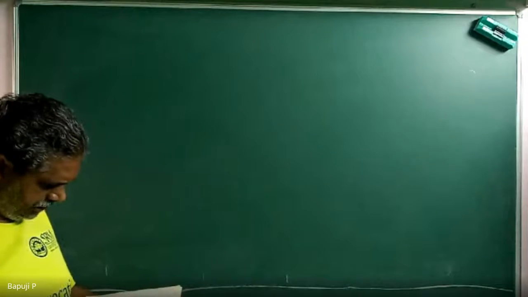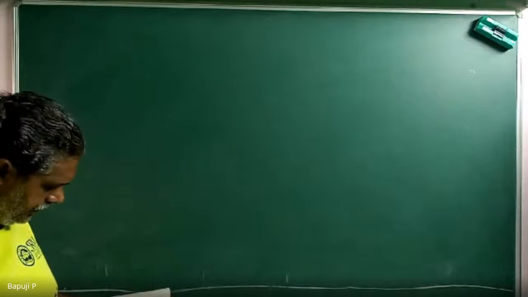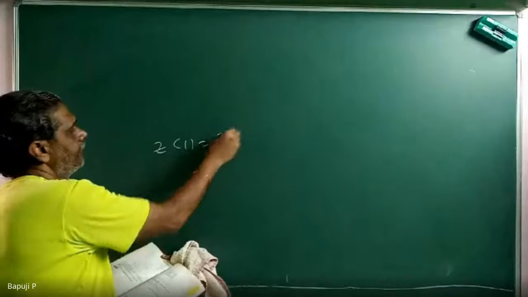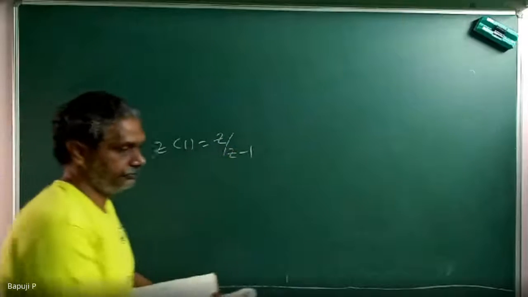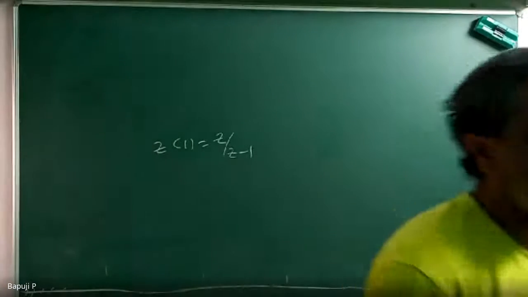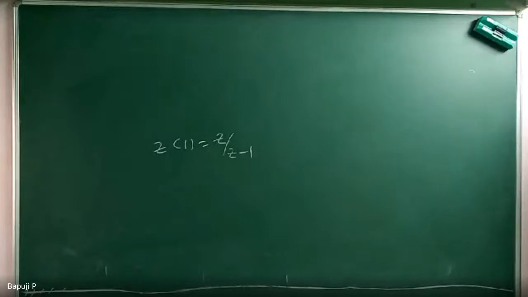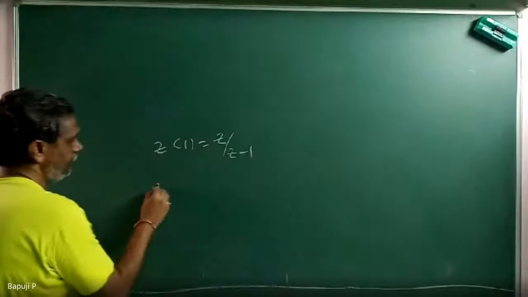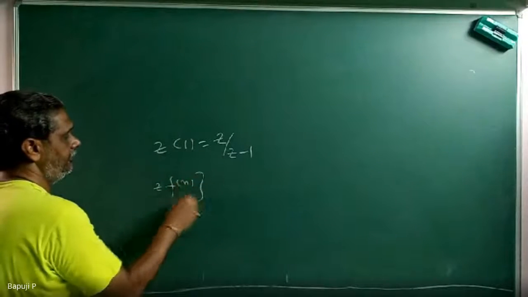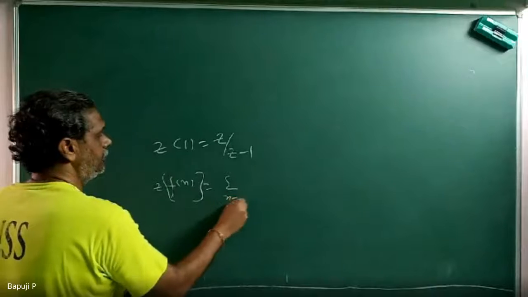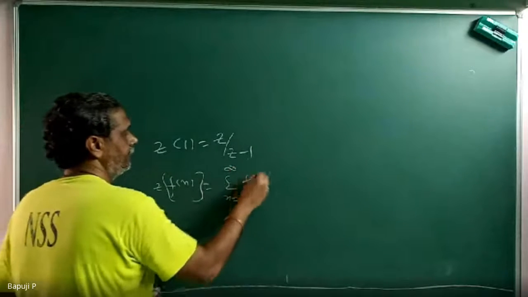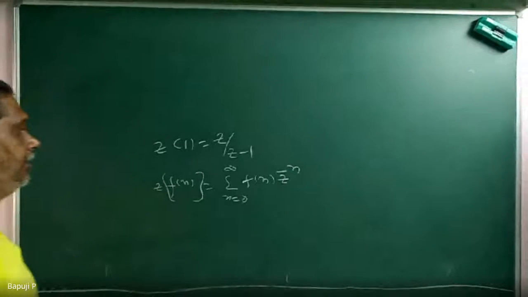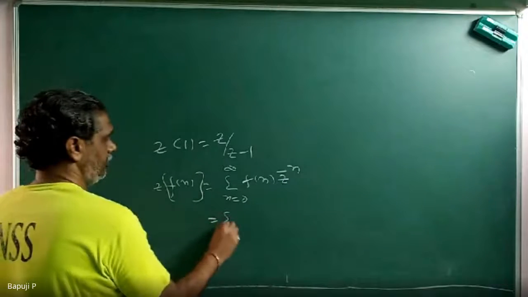Prove that Z of 1 is equal to z by z minus 1 using these formulas. Here who is f of n? f of n is equal to 1, n is equal to 0 to infinity. So Z of 1, how can you write it? We know that Z of f of n is the sum from n equal to 0 to infinity of f of n z power minus n. Now f of n is what? 1.